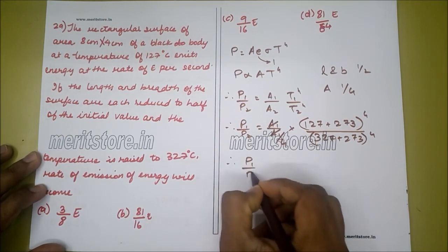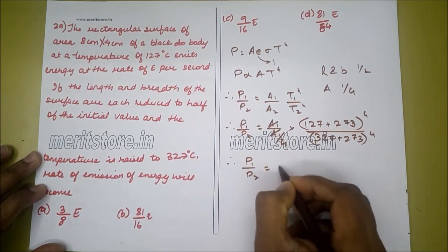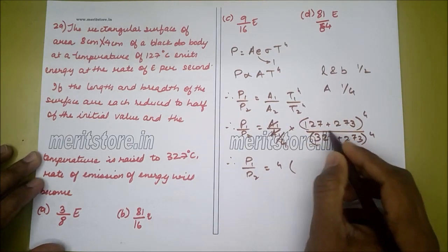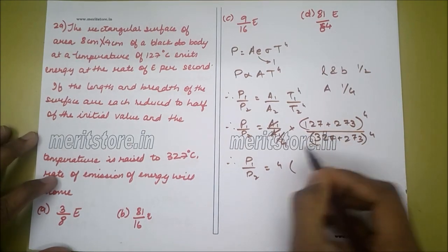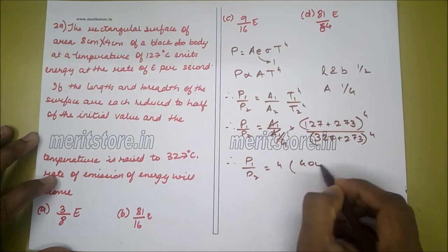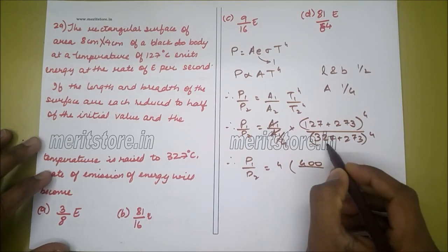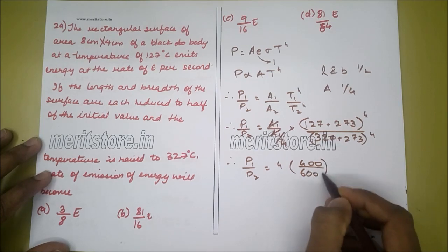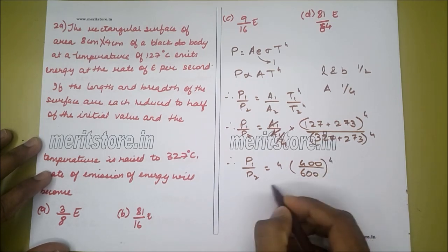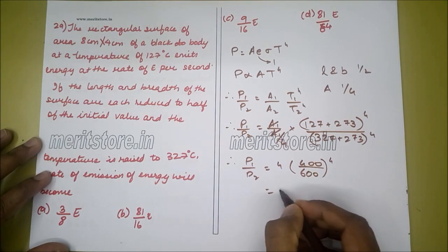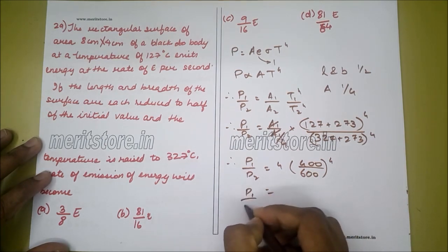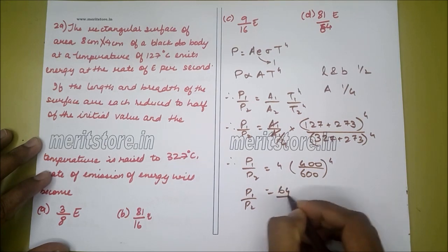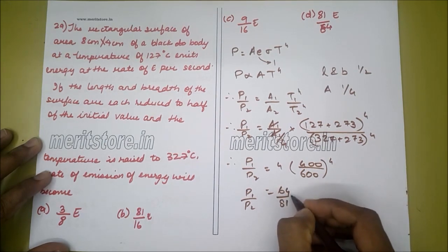So P1 upon P2 is equal to 4 times 127 plus 273 would give 400, upon 327 plus 273 is 600, the whole thing raised to 4. Solving this we get P1 upon P2 is equal to 64 upon 81.